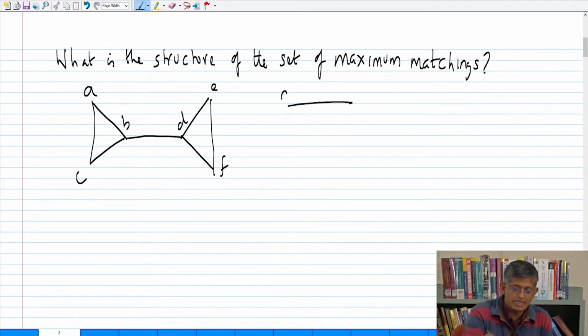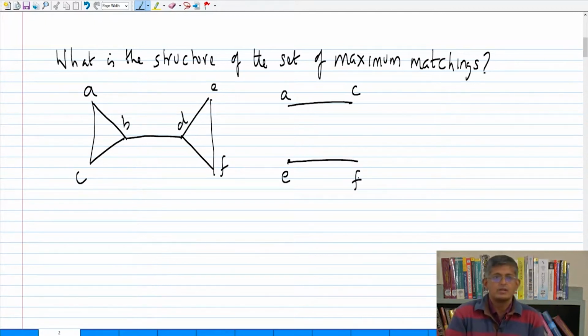So this is AC and EF. It's a maximal matching, but let us look at the maximum matching which we have. It's AB and EF. So this is a maximal matching.